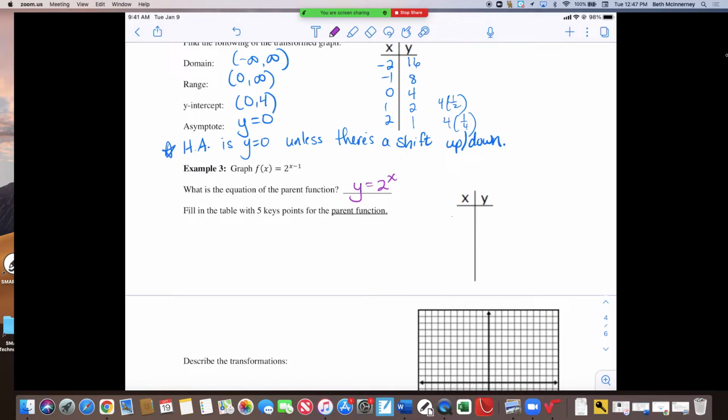All right, fill in a table of the parent function. So that's -2 to 2. And I'm going to try to walk slowly and let you fill in your table. Okay, plug in the -2 to 2.